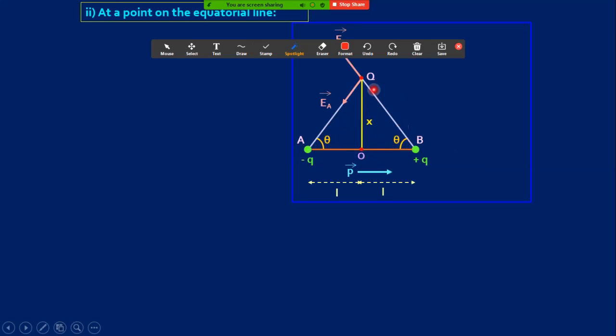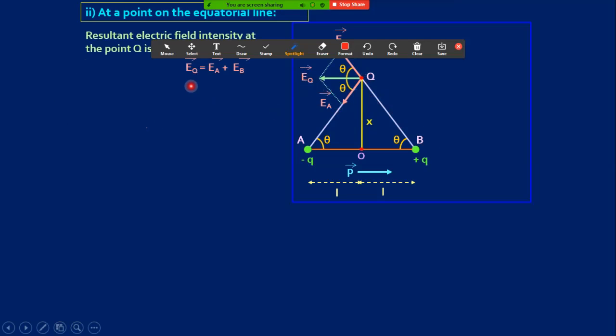So at point Q, we will determine the direction of the electric field. EB is outward from Q, and EA is inward from Q, and EQ is the resultant. Okay, let's see.